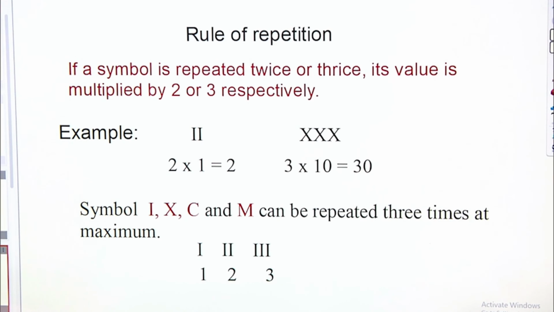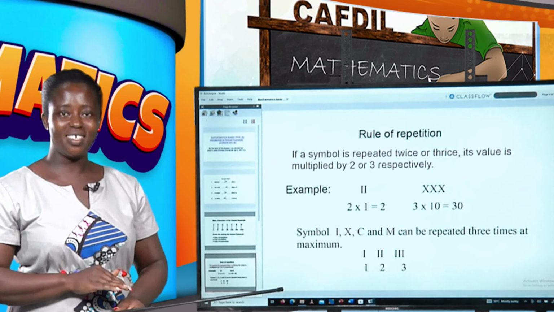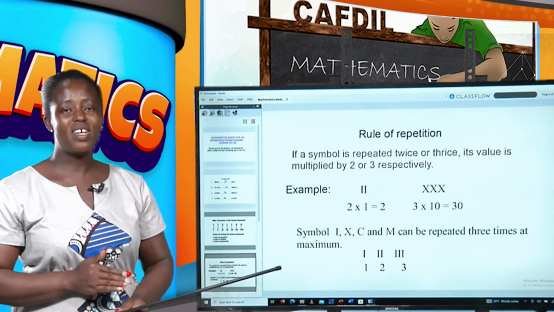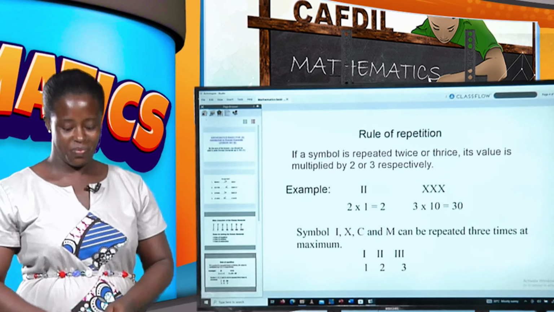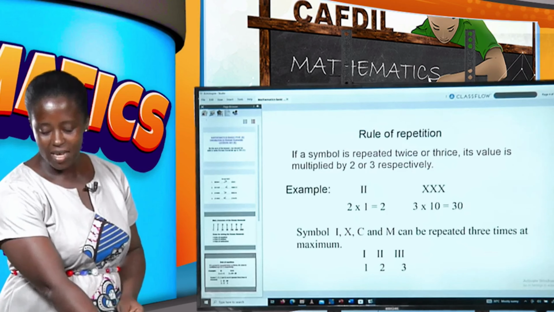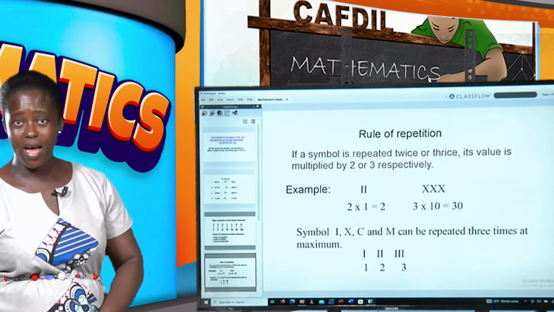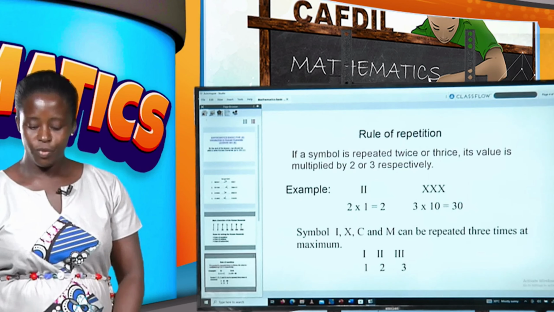We cannot repeat the I more than 3 times, so 4 will not be IIII. When we get to 4, it will change. That will be for the other rule. Okay, let's move on. I hope you are taking notes. Good.